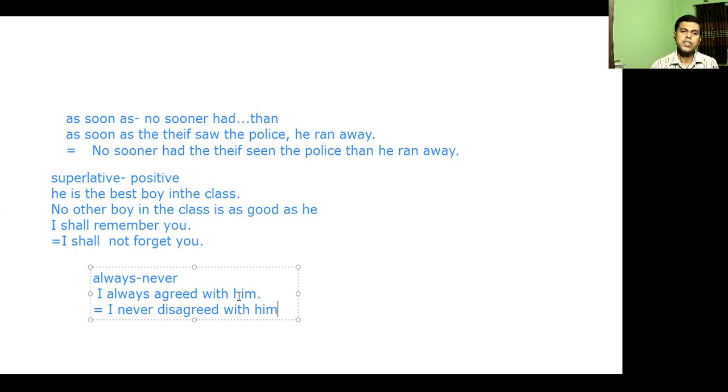In affirmative, "I always agreed with him"; in negative, "I never disagreed with him." Here, the meaning is same in affirmative and in negative form of this sentence.